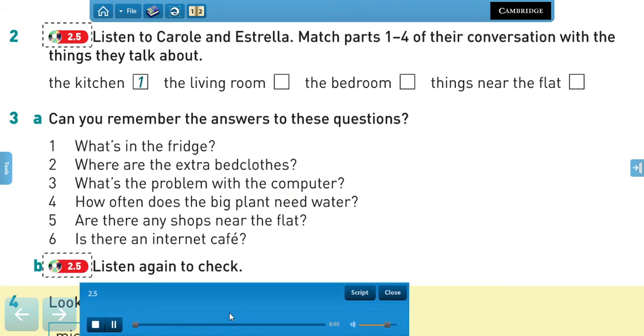Track 5. 1, Okay, shall we start in here? Okay. Well, it's very simple, really. You can see the cooker, but there's no microwave, I'm afraid. No problem. Where are the plates and things?